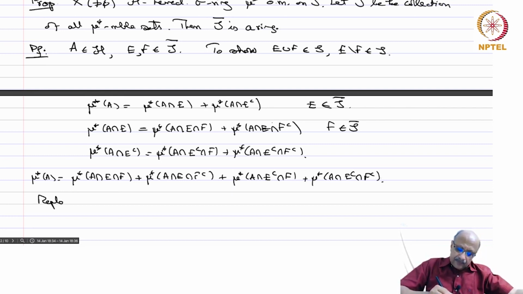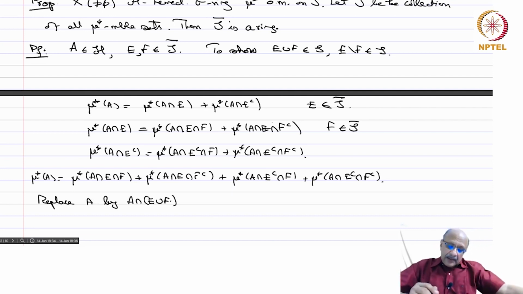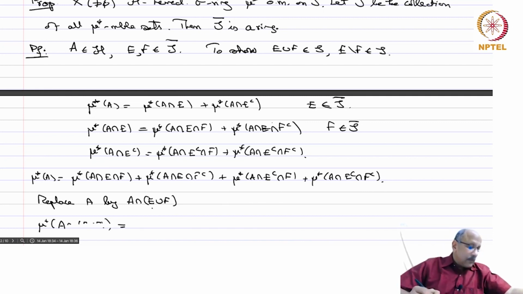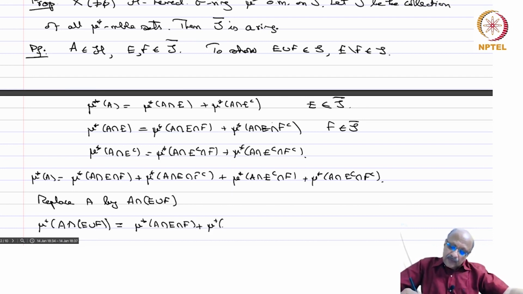Now replace A by A intersection E union F. Then if you substitute A intersection E union F in these, now E intersection F is a subset of E union F, so when you take the intersection you will just get back. So let me write that. So mu star of A intersection E union F equals, so here I have A intersection E intersection F, so that will again give me mu star of A intersection E intersection F plus mu star of A intersection E intersection F complement will just come back again.